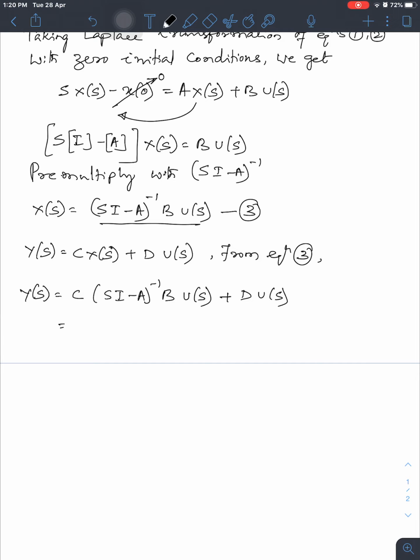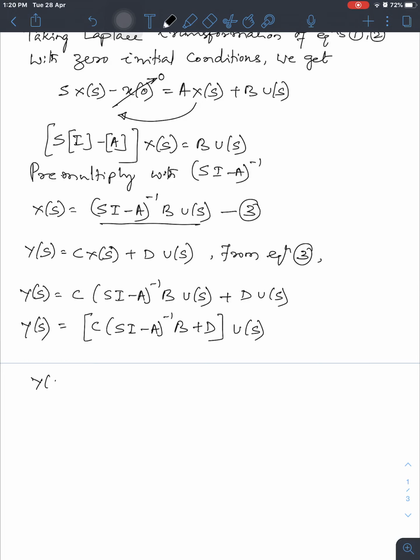Now we will try to take U of s as common factor, so we will be left with C into (sI minus A) inverse into B plus D, whole thing has to be multiplied with U of s. So I suppose we are almost there.